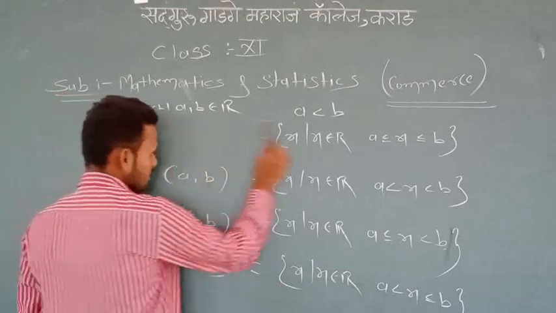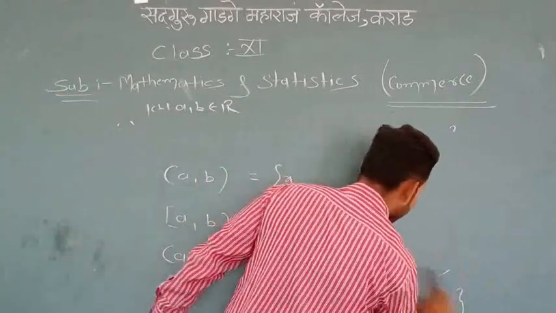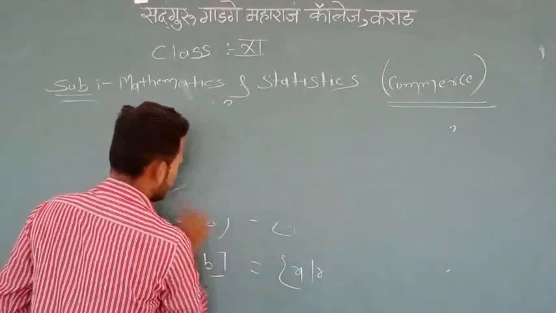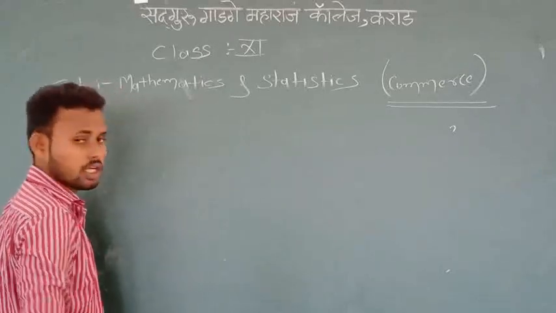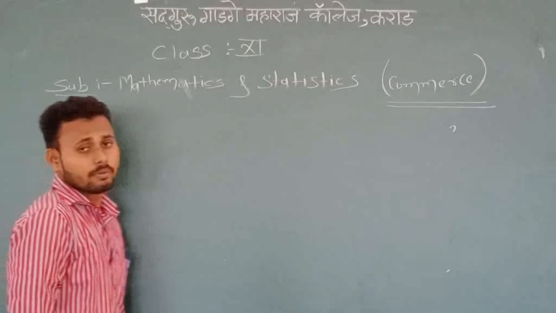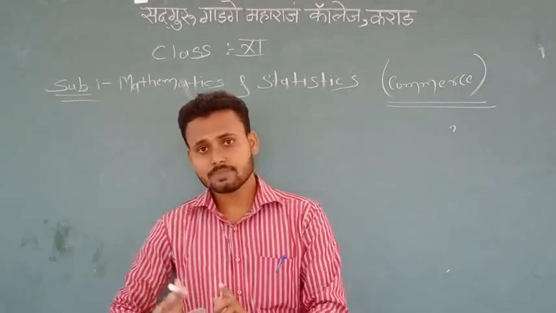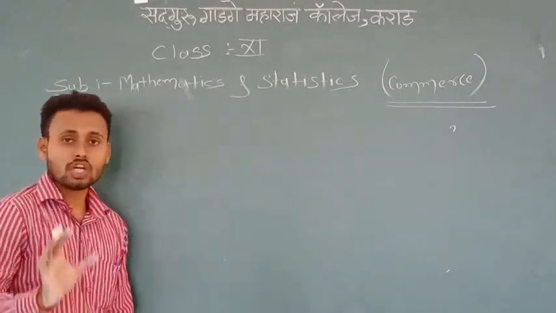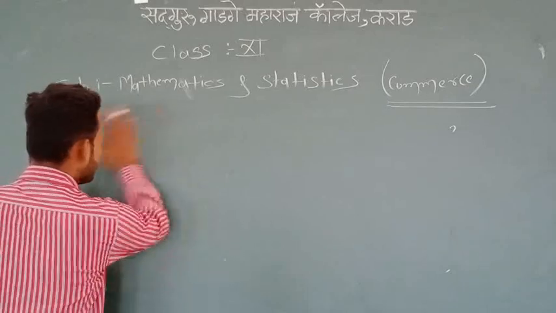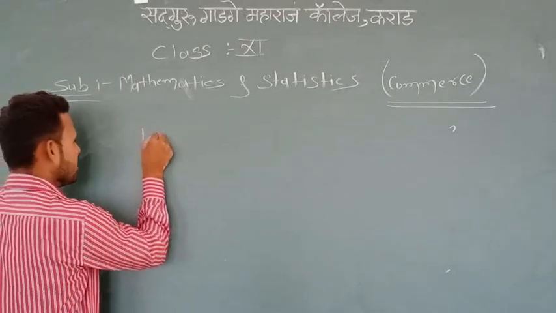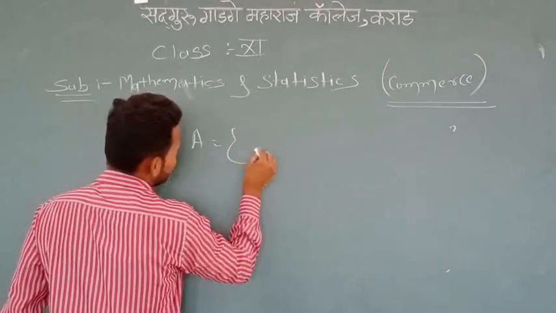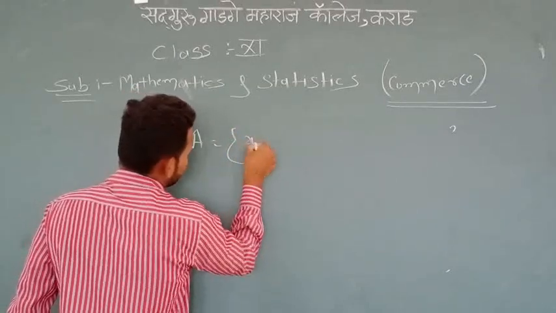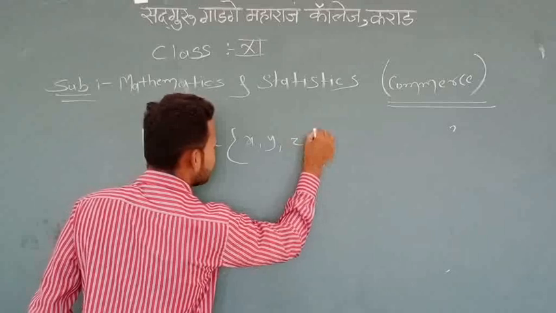Now our next point: let us see the number of elements of a set, which we can also call cardinality. For example, let A equal to the set containing x, y, z.